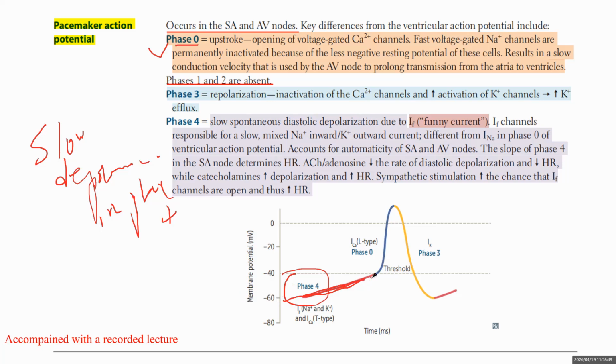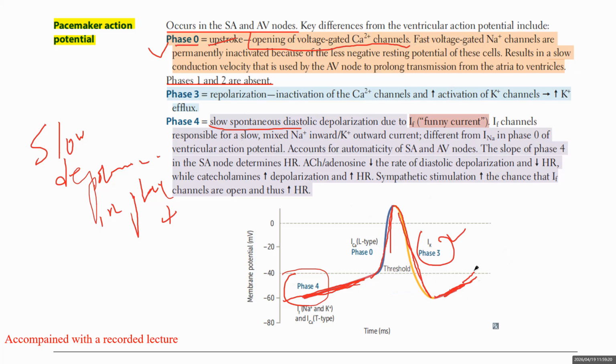Then there is a quick upstroke in phase 0, because of the opening of the calcium channels. Later, repolarization is seen in phase 3. And again in phase 4, the slow spontaneous depolarization starts picking up, and the cycle repeats.